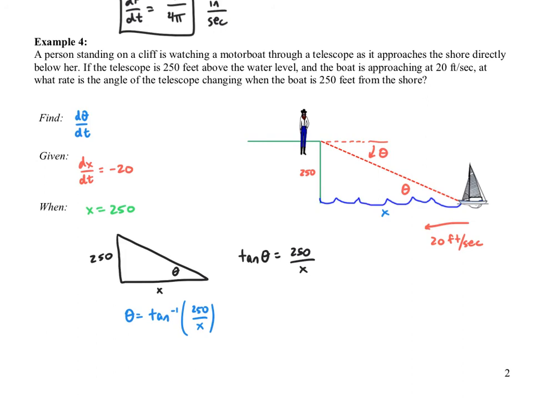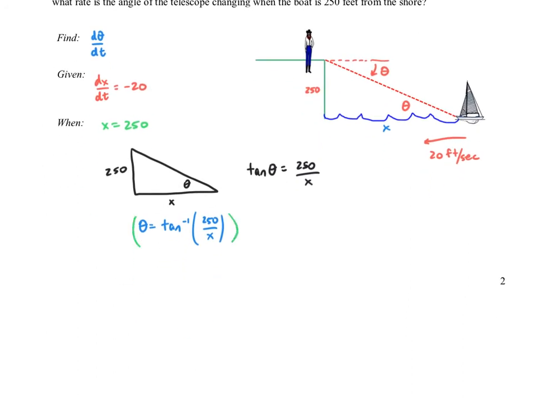All right, the derivative, hopefully you remember. So first off, we have d theta dt, that's what we're searching for. The derivative of inverse tangent is 1 divided by 1 plus the inside squared, so 250 over x squared. Then we have to multiply by the derivative of 250 over x.